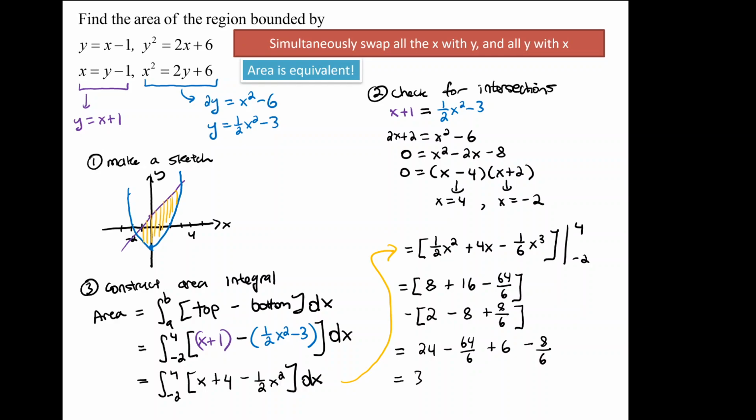So 30 minus 72 over 6, which is 30 minus 12, which is 18.